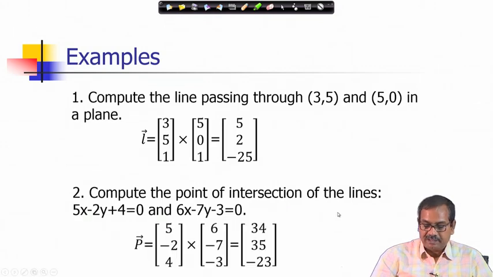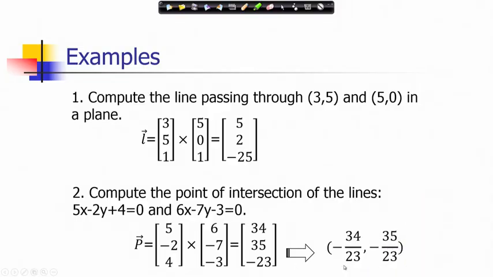You can see that we are getting 34, 35, minus 23. I am not sure whether I just rubbed it, but as I mentioned, this scale value has to be correspondingly divided by 23. So, this is the coordinate that we will get. You have to check my computations once again, there could be some error there.